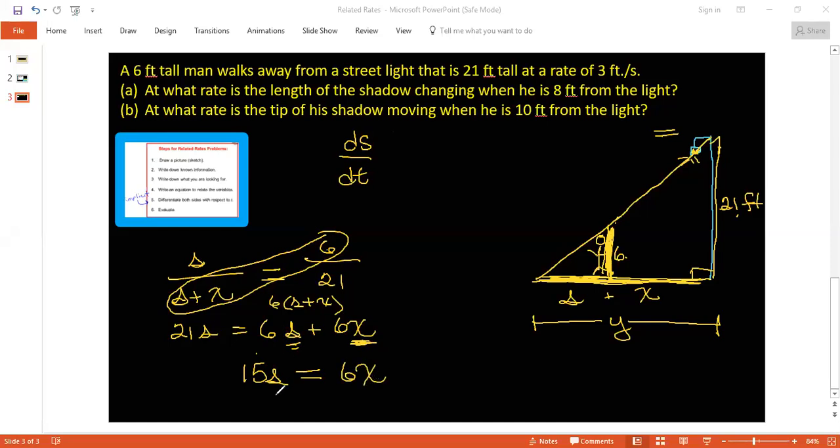And let's go ahead and get s alone. S is going to equal now, let's make some more room, hold on.